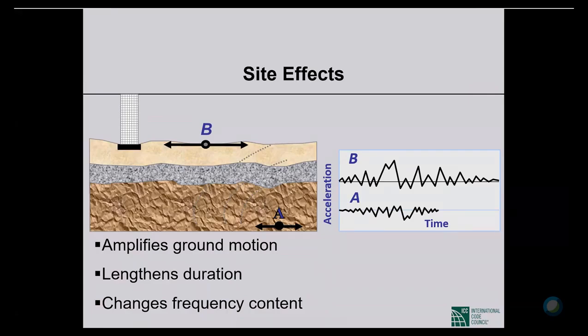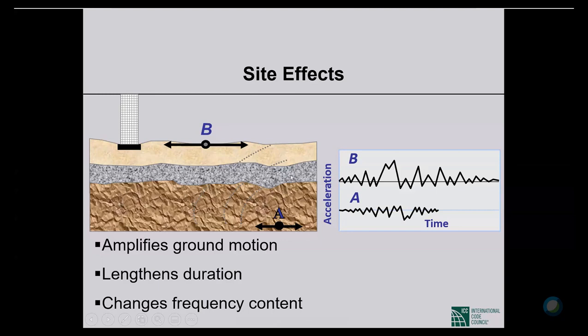So, site effects. Here, this is soft soil at the top, this is intermediate, this is rock, let us say. Within rock, this is the acceleration history. Acceleration caused by an earthquake looks like this as a function of time. On the surface, for the same earthquake, the acceleration history looks like this.